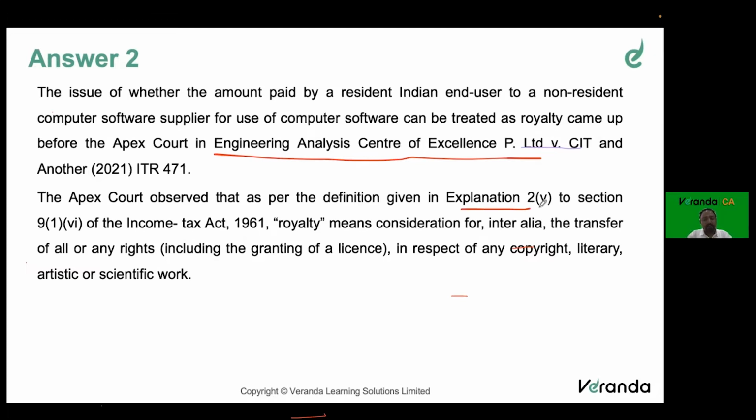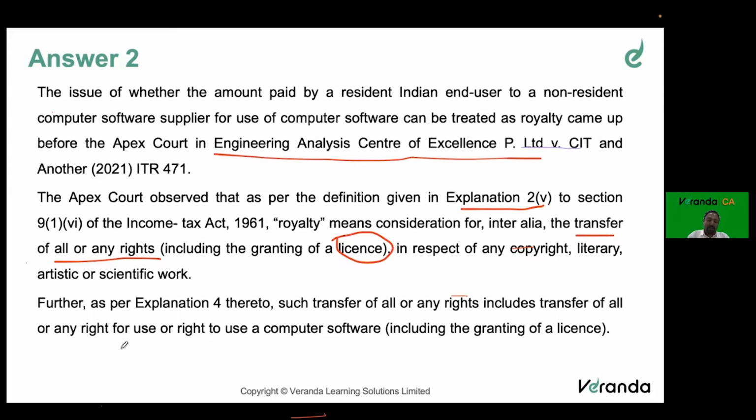Explanation 2, clause 5 provides that royalty is basically transfer of all or any rights, including the granting of a license, in respect of any copyright, literary, artistic or scientific work.